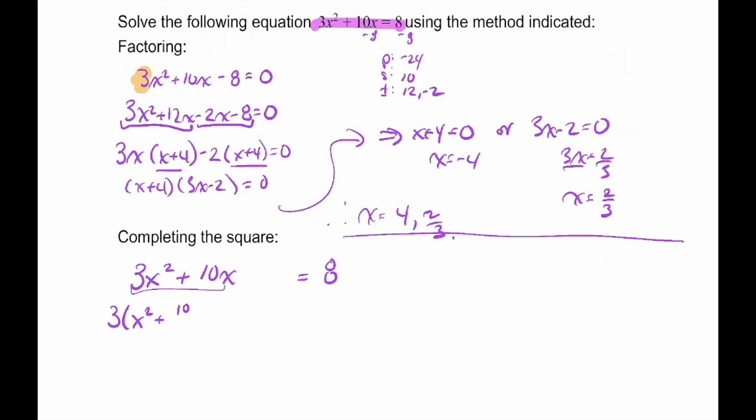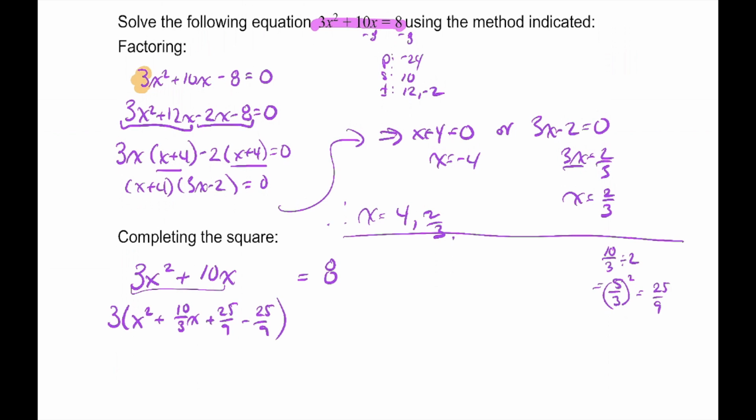So I'm left with 10 over 3x. And the algorithm is I need to do 10 over 3, divide that by 2, which is 5 over 3, and then square that, which is 25 over 9. So I need to add 25 over 9 and subtract 25 over 9.